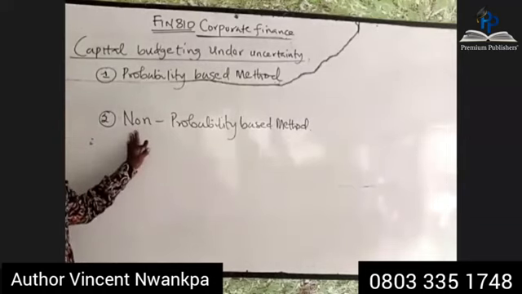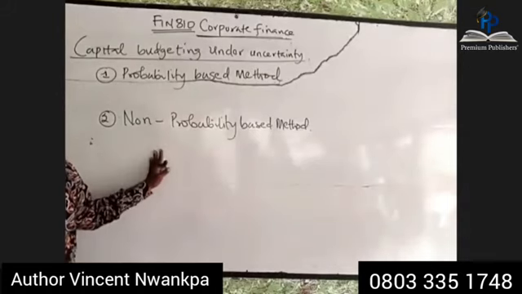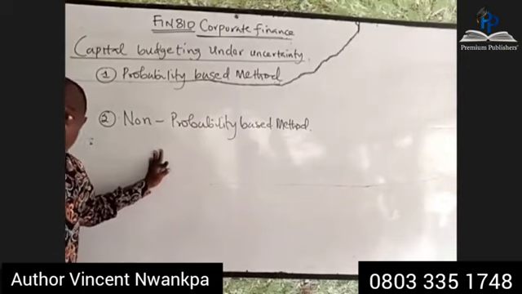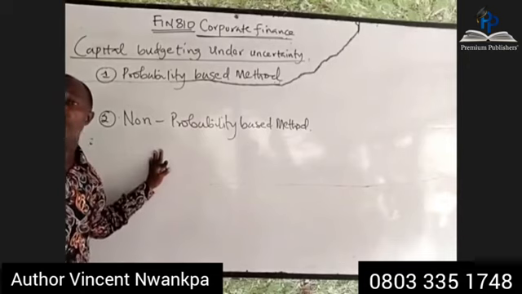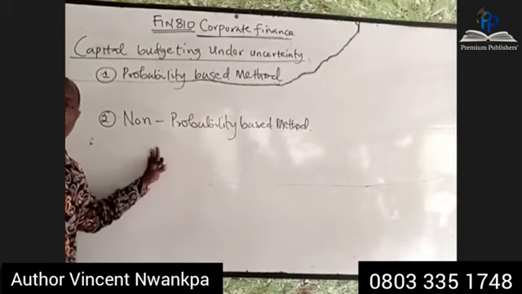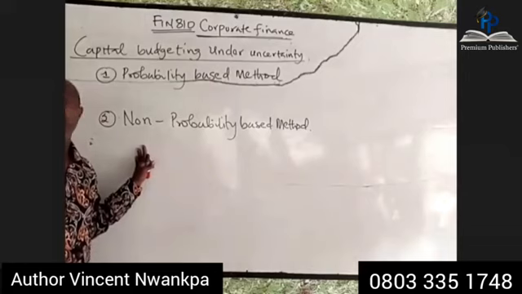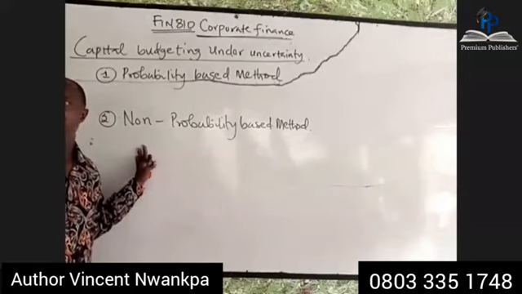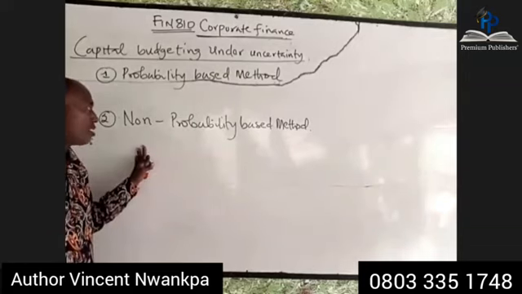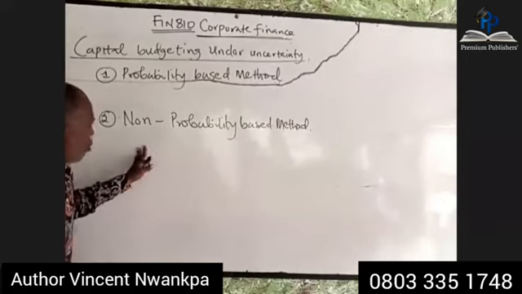Under the non-probability method, we have payback period. Under number 2, there is payback period that has a limit period. You know what we have been doing before, there is no limit. But this one has a limit period. We need a formula for that. Under this method, we have what we call the risk-adjusted discount method.